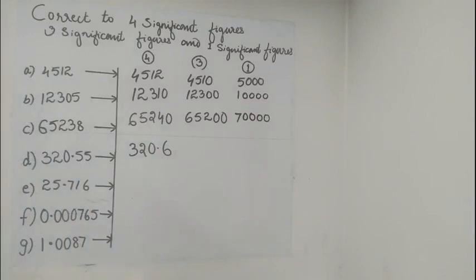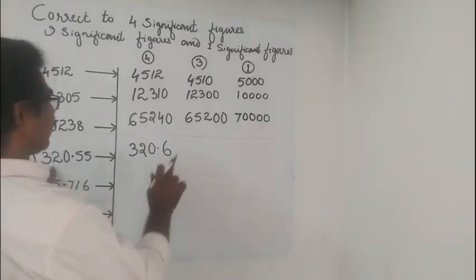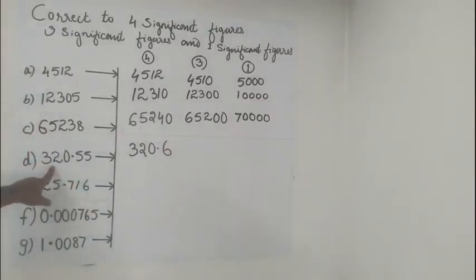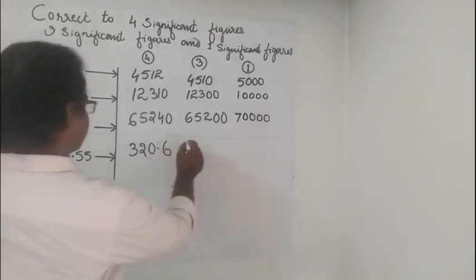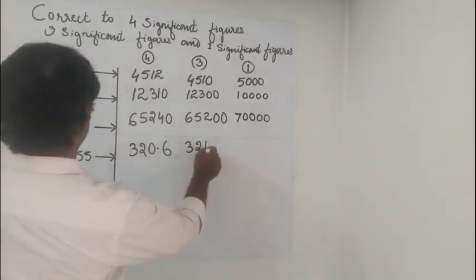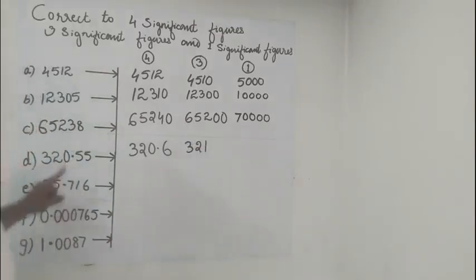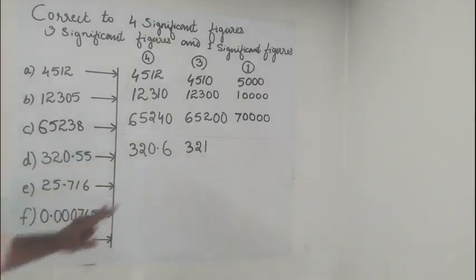Okay, next 3-digit number. We want only the 3-digit number, 1, 2, 3. After the 3-digit number there is a 5. So we have to add 1 to this. So 321. Okay. Then need not put 0. After this is the decimal part, so need not put 0.